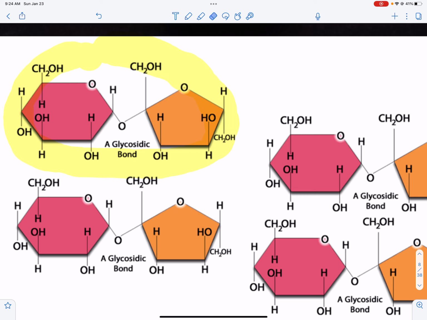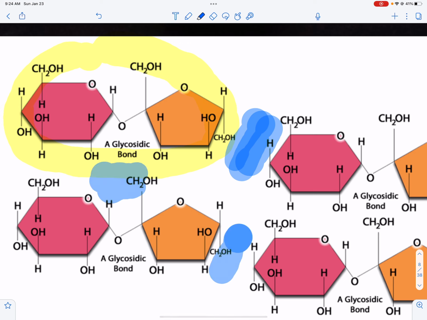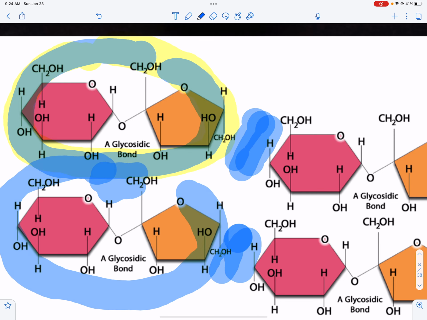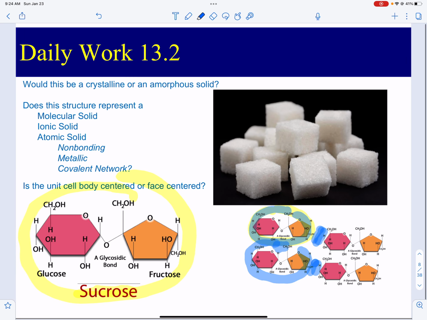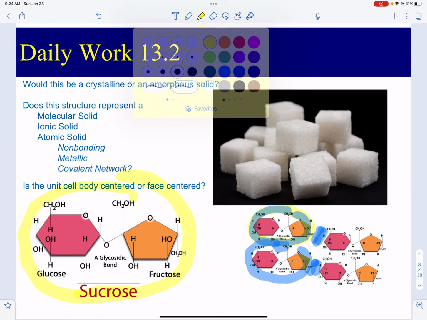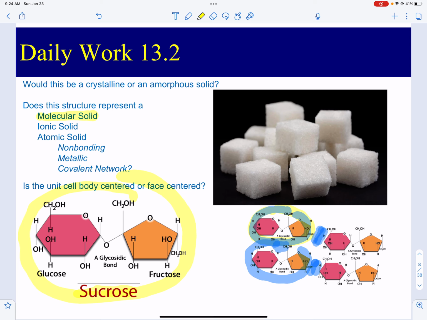So what we're talking about is an intermolecular force keeping them together. This solid, where all of these come together, is because you have intermolecular forces there. So this is most likely a molecular solid.